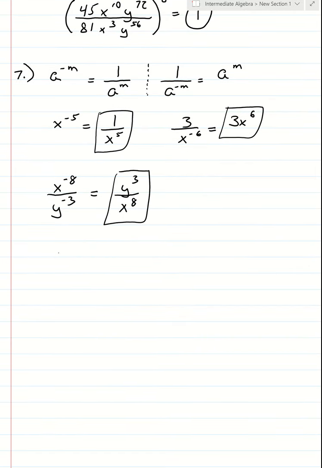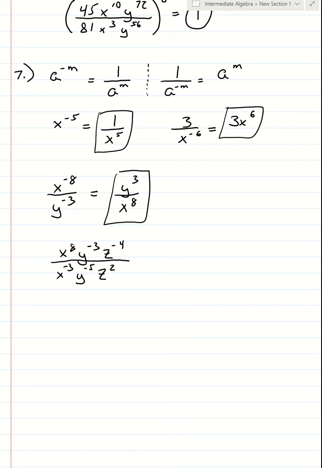Let's say we had x to the eighth, y to the negative third, z to the negative fourth, over, let's say, x to the negative third, y to the negative fifth, z squared. Okay. We want to simplify this as much as possible, as well as have your final answer with only positive exponents.